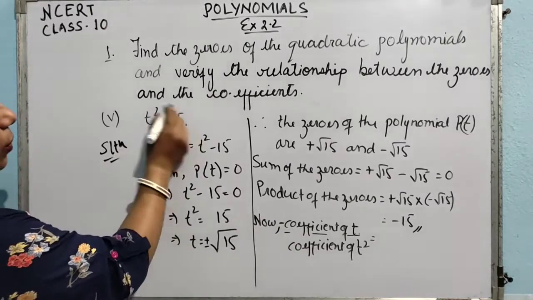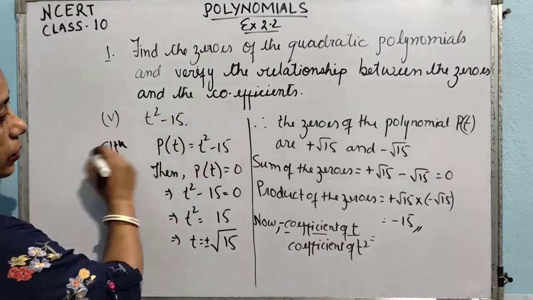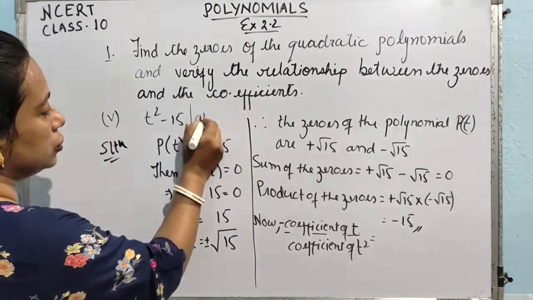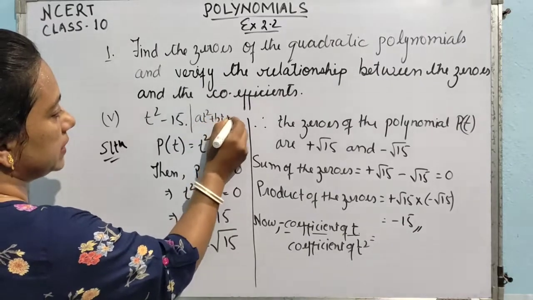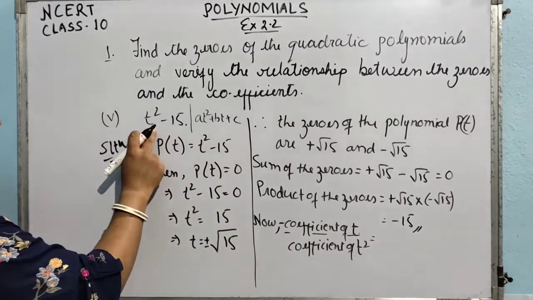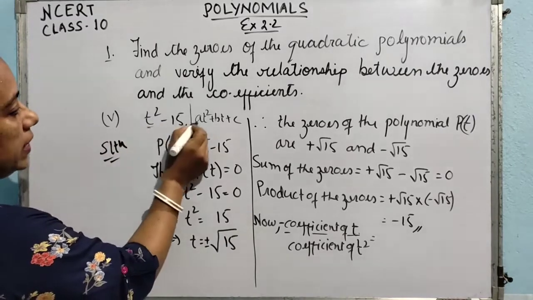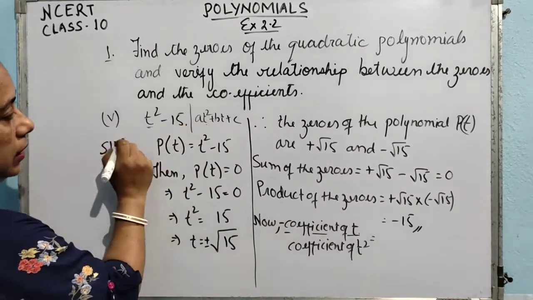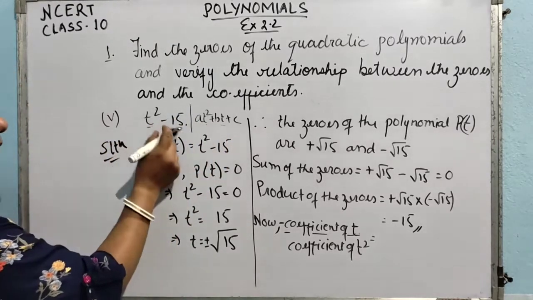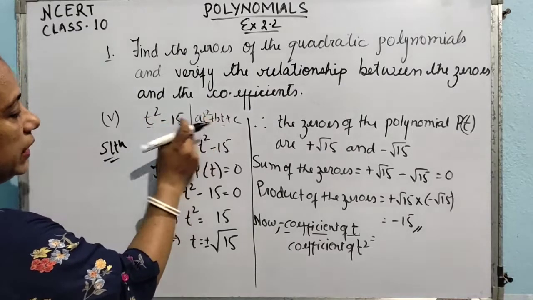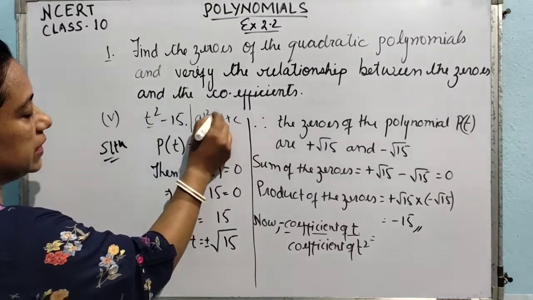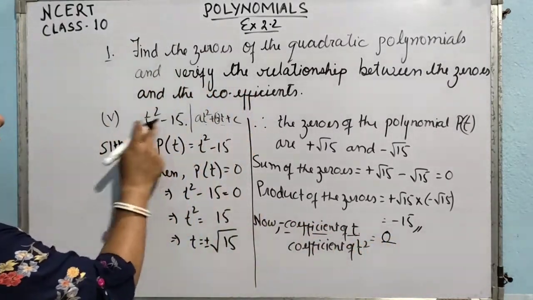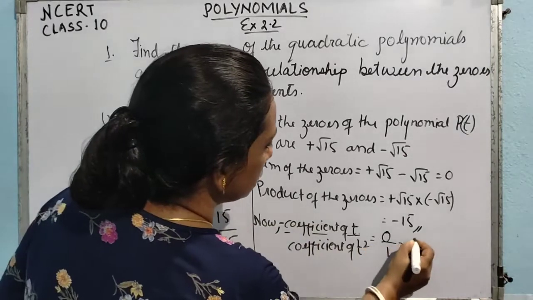Now see here, when we are talking about this quadratic, if we compare it with the standard one, then it has to be at square plus bt plus c. Why am I taking t? Because here in this case the variable is t. So we can say that the coefficient of t square is 1. What about the coefficient of t? We don't have any term which is having the t. Okay, it means that the coefficient of this t term is 0. So coefficient of t we can write 0, by coefficient of t square, which in this case is 1, that is equal to 0.